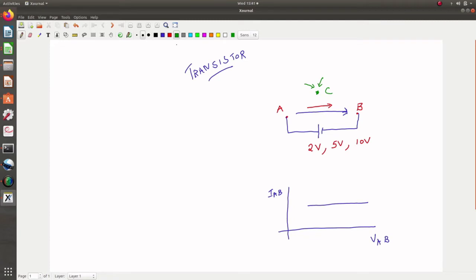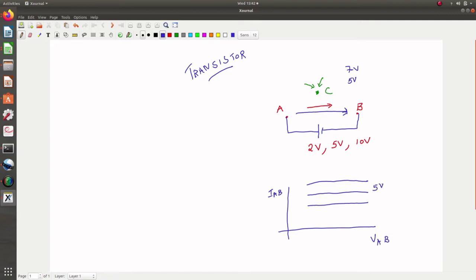Which means if the applied voltage at the third node is increased to 5 volt, the current flowing between A and B should increase. If it is increased to 7 volt, still the current increases.